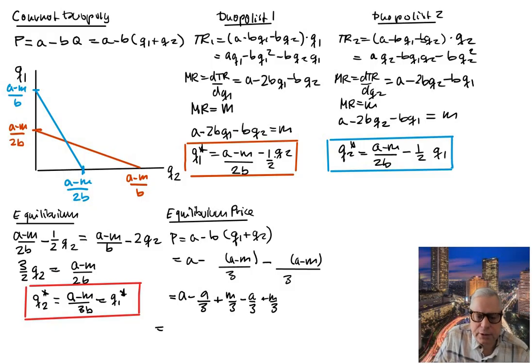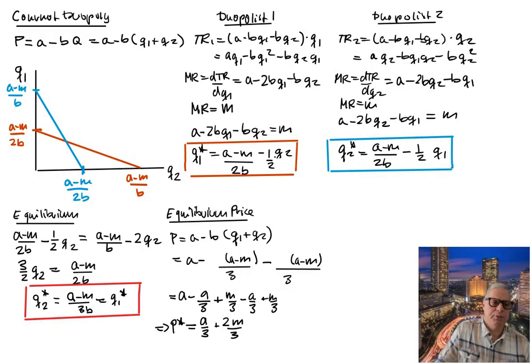So then it follows that the optimum price, or the equilibrium price, so an optimum in a duopoly, the optimum would be perfect competition. So we have A minus A third minus another A third. That leaves us with 1/3 A. But then we have plus M/3 and another M/3, plus 2M/3. So that's the equilibrium price.